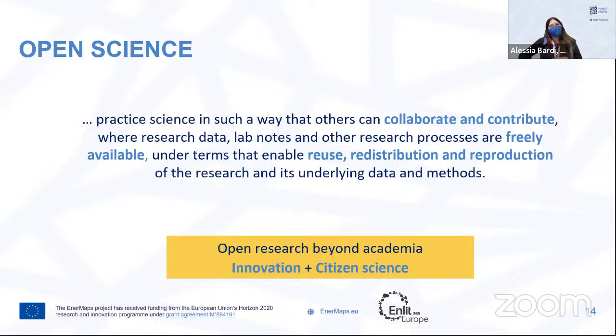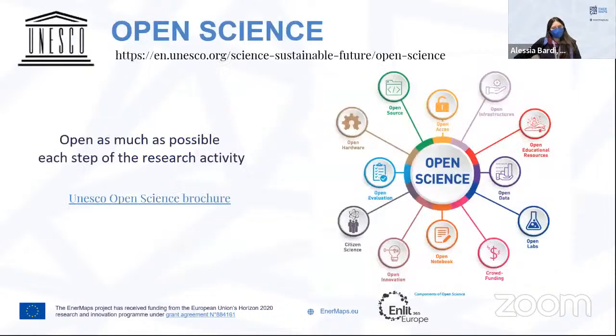And these principles shouldn't only be applied to foster good and open research in academia, but also to foster innovation and bring people closer to science and to research in general. So also thanks to the citizen science movement. Next slide, please.